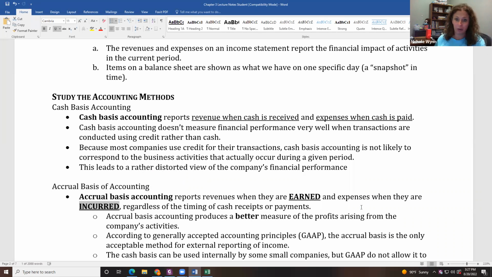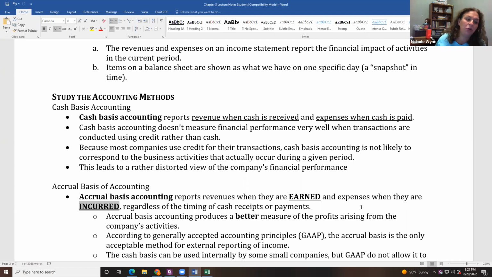And so when you incur them, when it happened. So if you get your telephone bill, that's an expense. It doesn't matter if you paid it or you didn't pay it, it's still your expense and it belongs on your income statement as an expense. So incurred, that word scares my accounting majors. My accounting majors even are like, incurred, I don't know what that means. Like, it just means it happened. It means that you got a bill in the mail and you're like, yeah, that's my bill. It's incurred, it's happened.